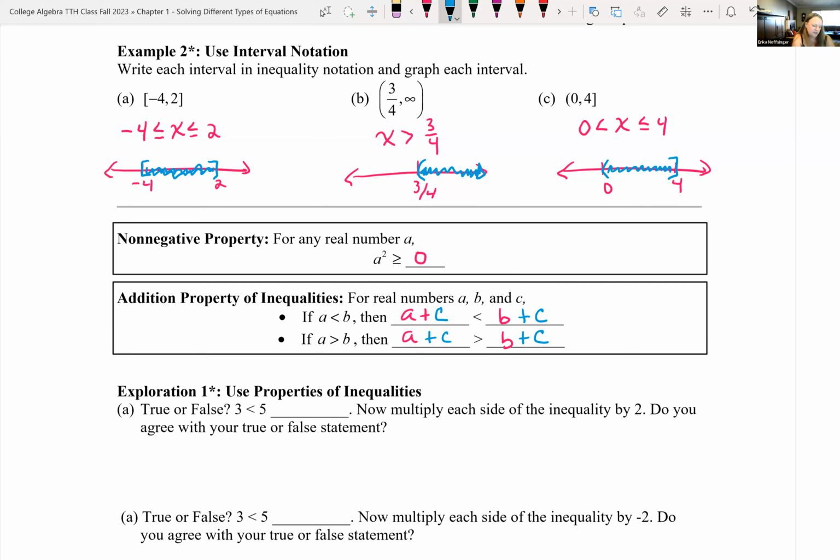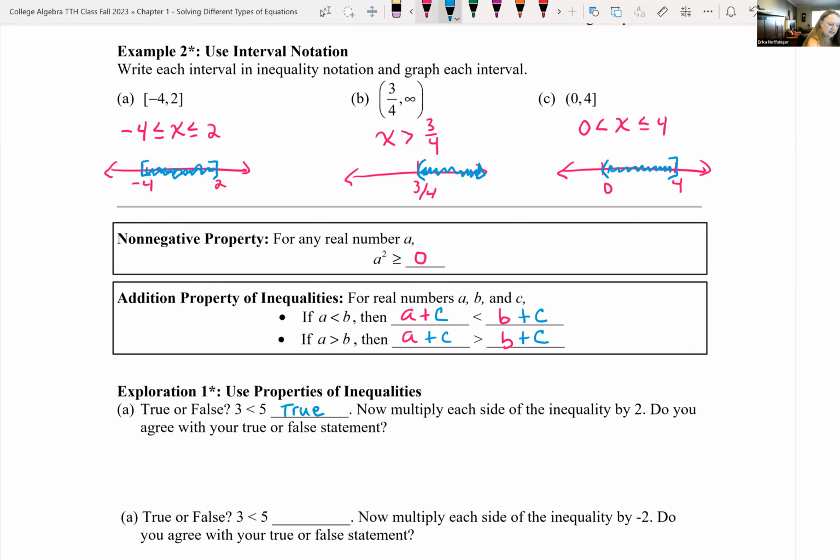True or false? 3 is less than 5. Well, that's a true statement, right? If we look at the number line, 3 is smaller than 5. So now multiply each side of the inequality by 2. Do you agree with the statement being true or false?